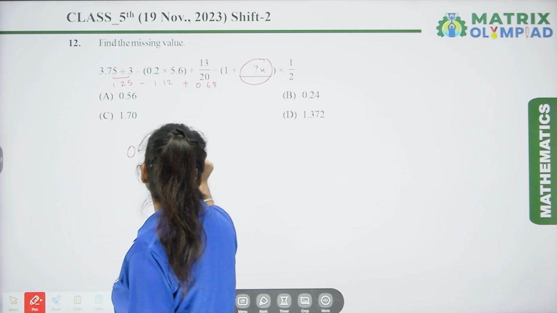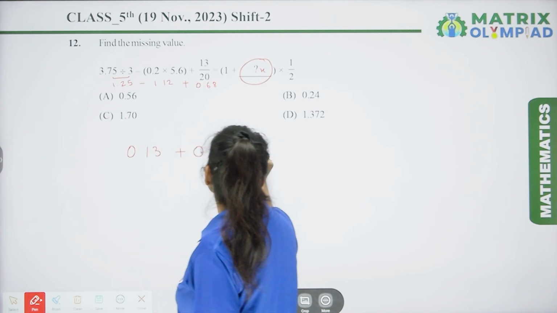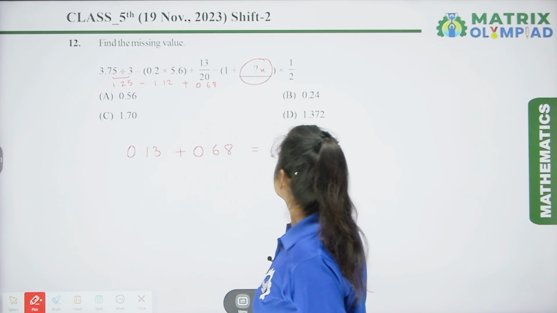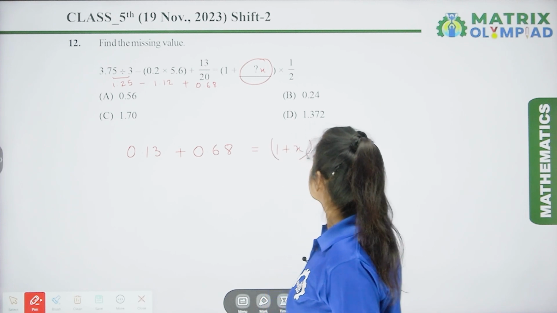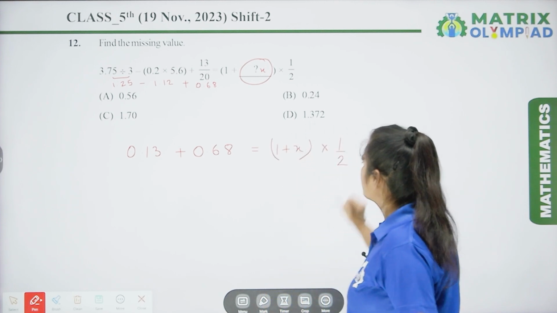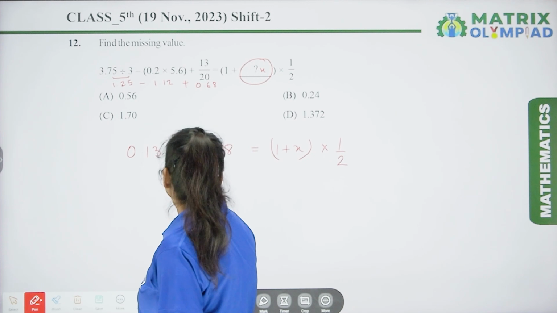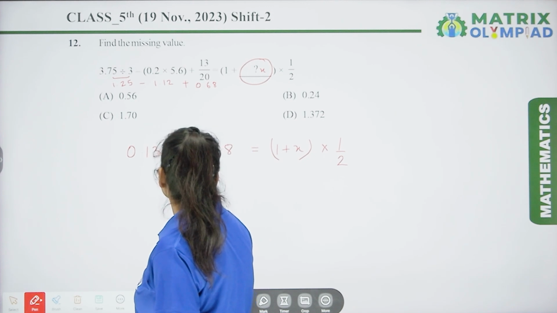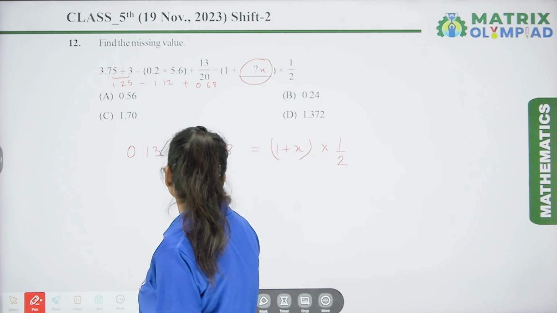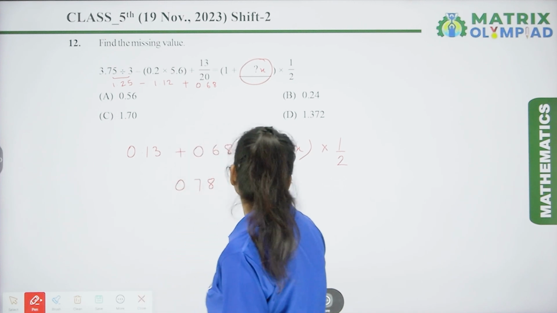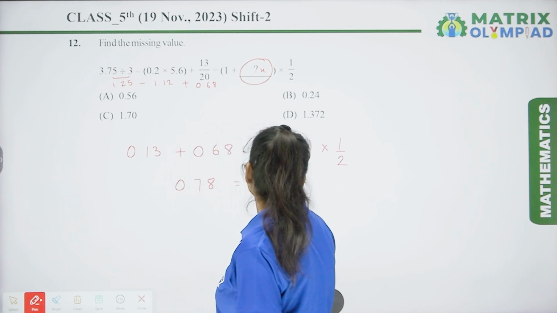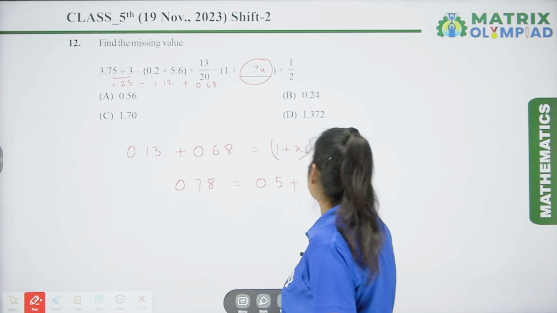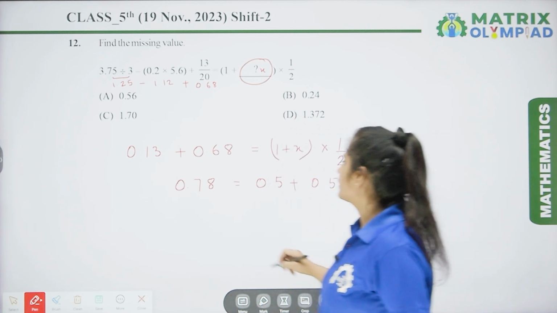0.13 plus 0.68, that is equal to 1 plus X multiplied by 1 by 2. Here we get 0.78, that is equal to 0.5 plus 0.5x.